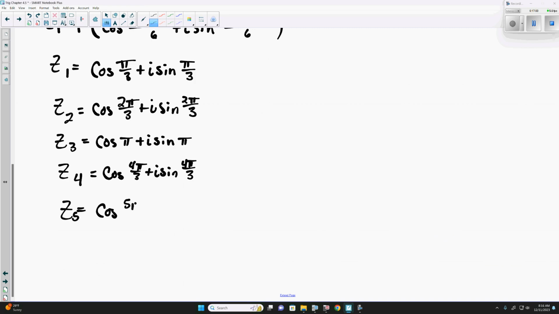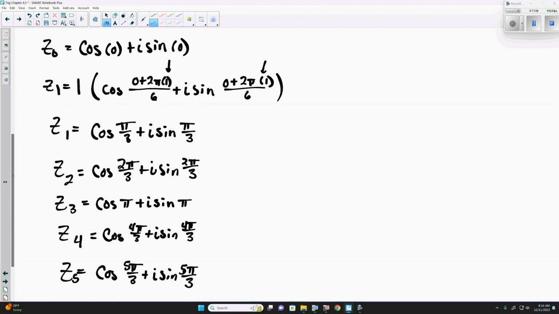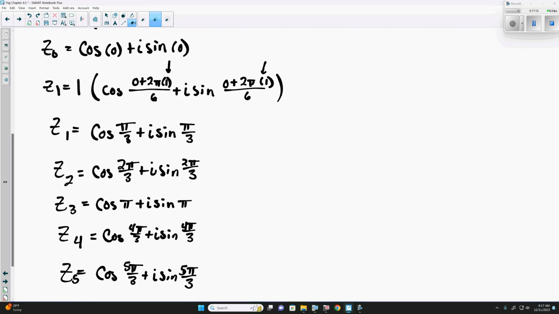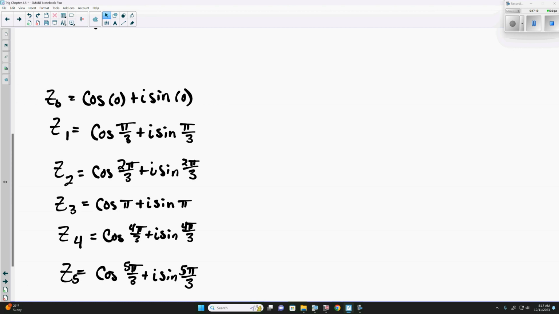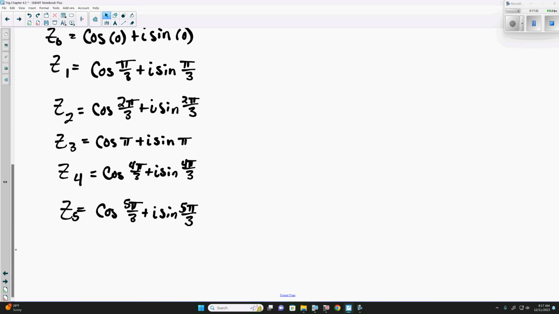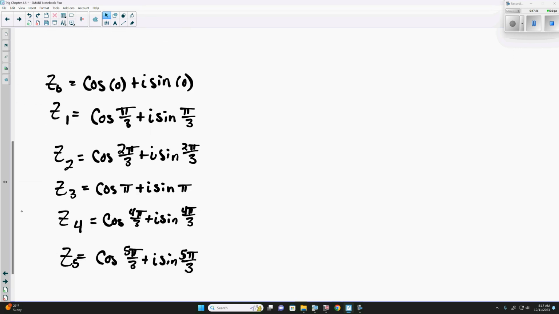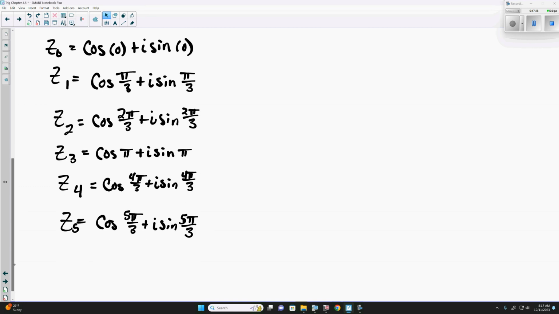So cosine of 5 pi over 3 plus I sine of 5 pi over 3. So these here are all 6 of the roots for this.